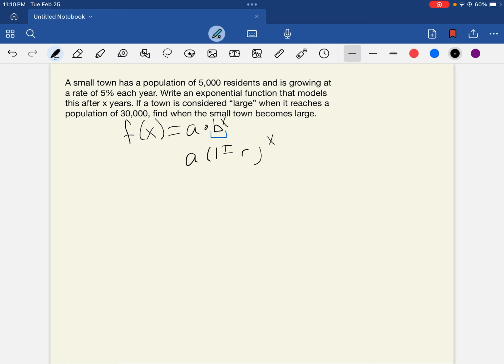So before I go more into that, let's circle back to writing this equation. In my story, my initial value is 5,000. That is the starting point of this town. Then I'm going to find my constant ratio. The first thing I need to figure out is if this is a growth or decay.